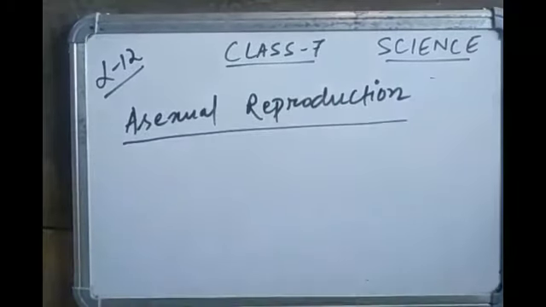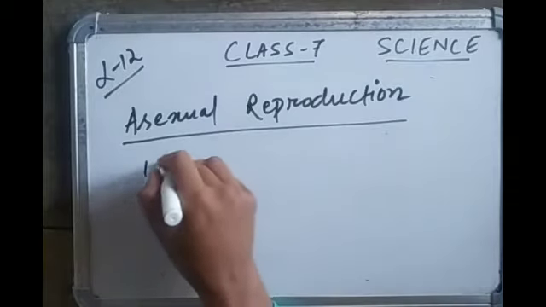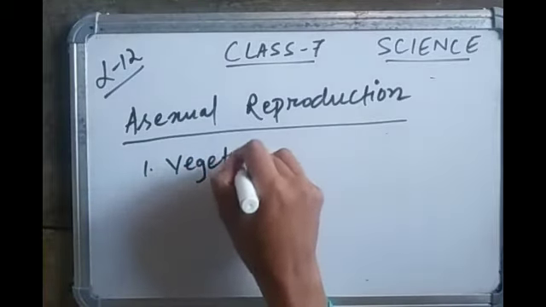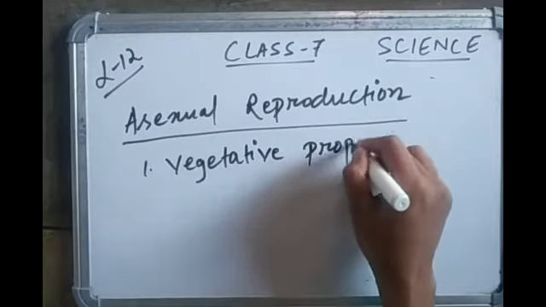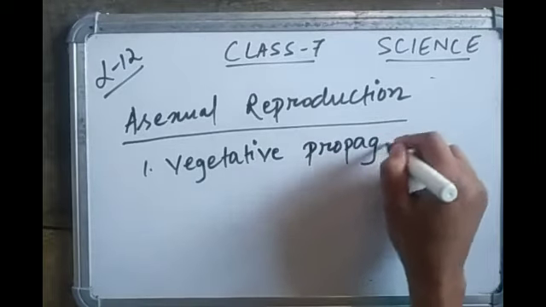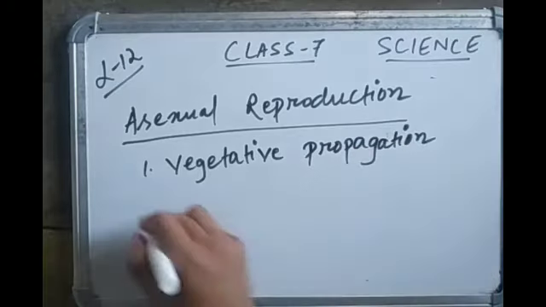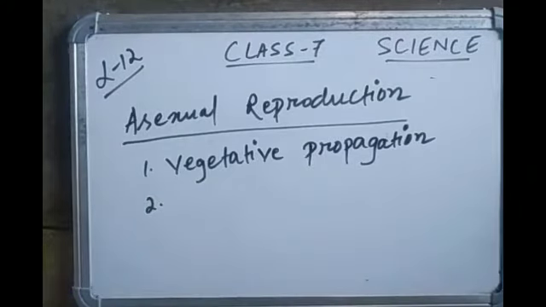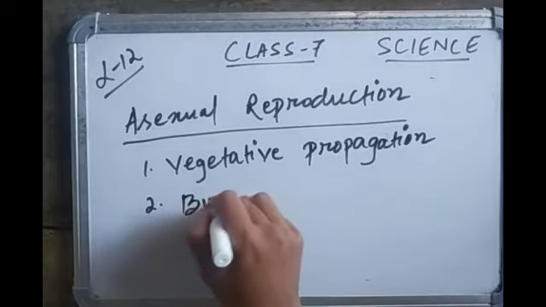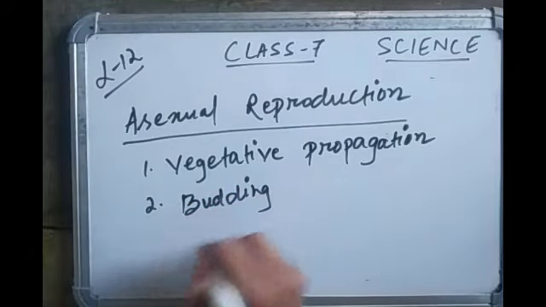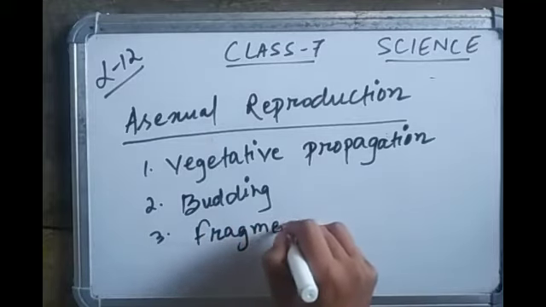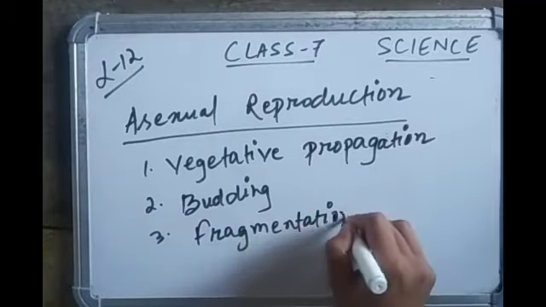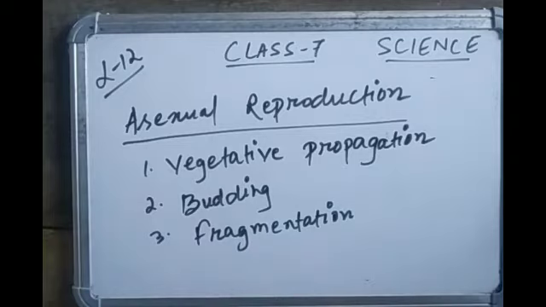Asexual reproduction has types: the first is vegetative propagation, then budding, also fragmentation, and then spore formation.